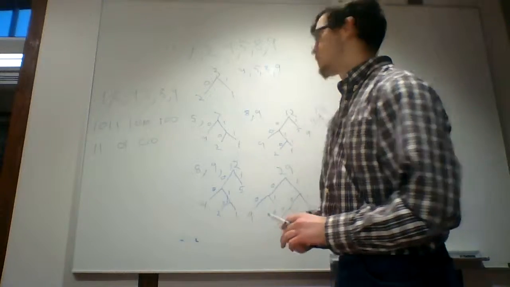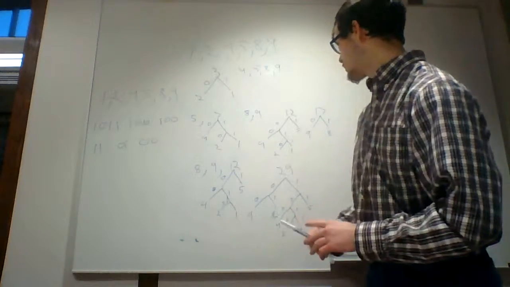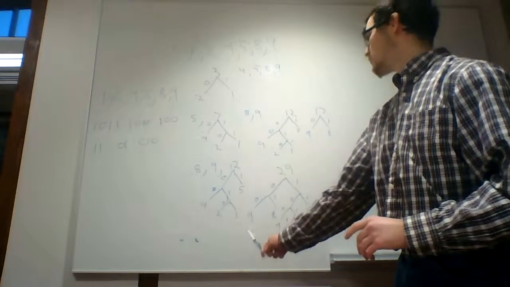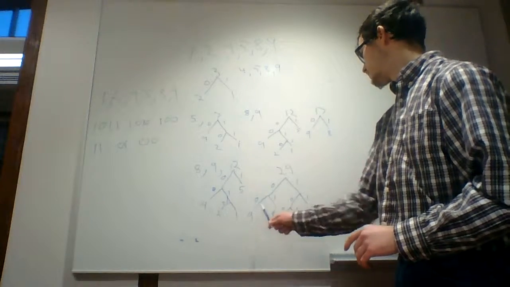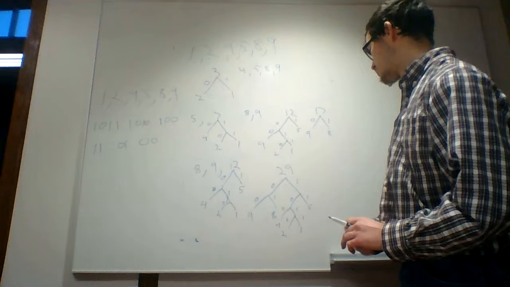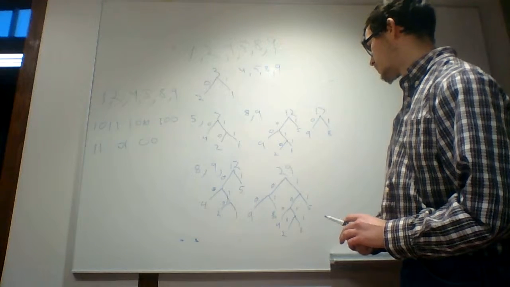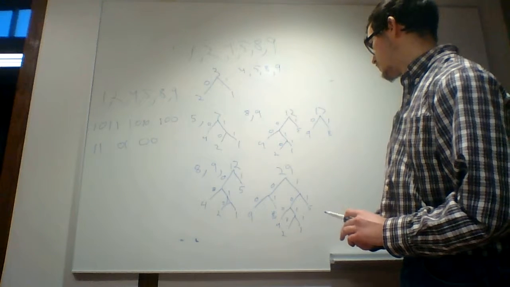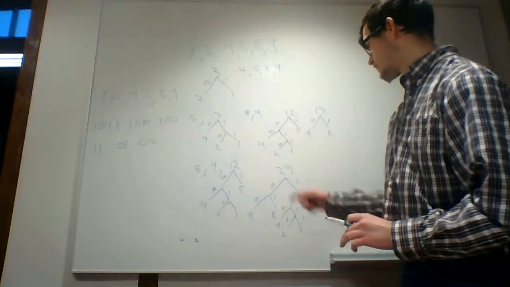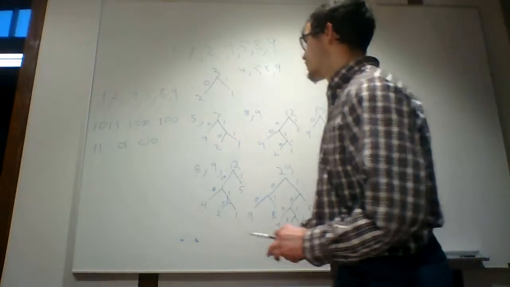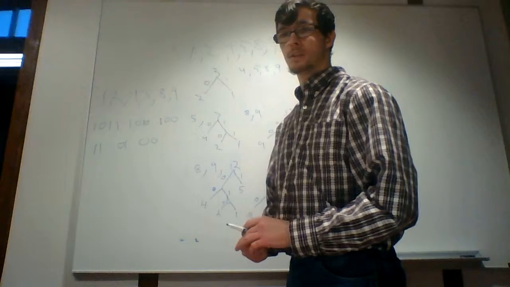And the largest value is always going to be the most amount of zeros, because it's always going to be the biggest. And that is Huffman coding.